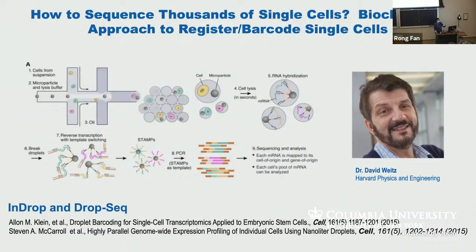The two papers were published back to back in 2015 from two different groups, but one person shared authorship, Dave Weitz. Basically, David developed all the droplet microfluidic systems. So the microfluidics really enabled this massively parallel single cell omics.